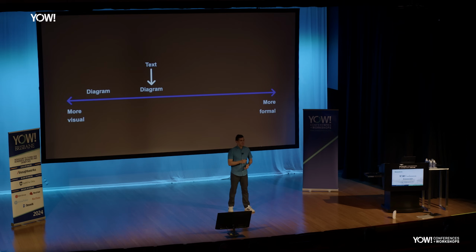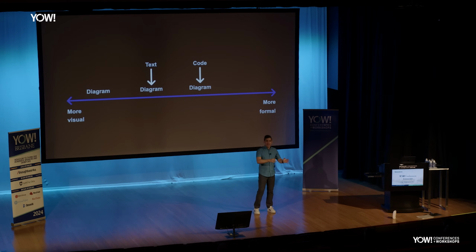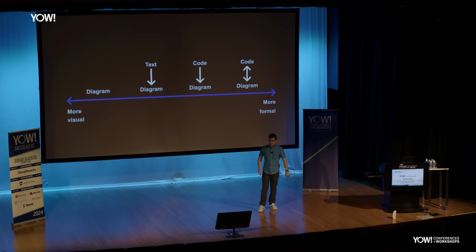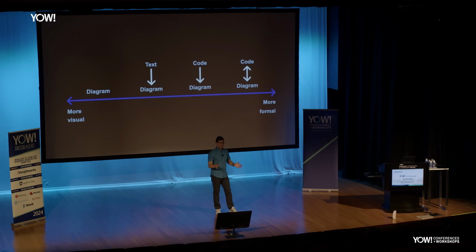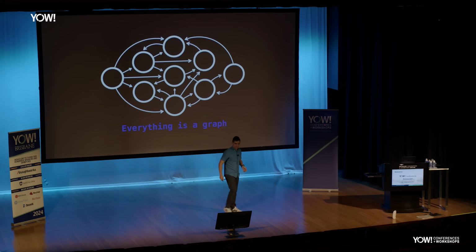So text to diagram, very useful. And then there's code to diagram, where you could take code and actually generate diagrams from it. This gets closer to UML, but in some cases, this is also very useful for visualizing your system. And then there's this magical bidirectional code to diagram, which might not be applicable for all use cases, and it does take a lot of work to get right. But in an ideal world, if this works, it is truly magical.